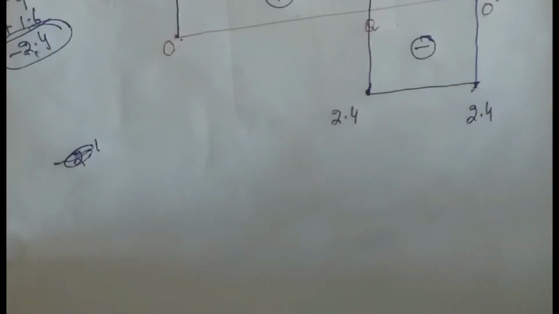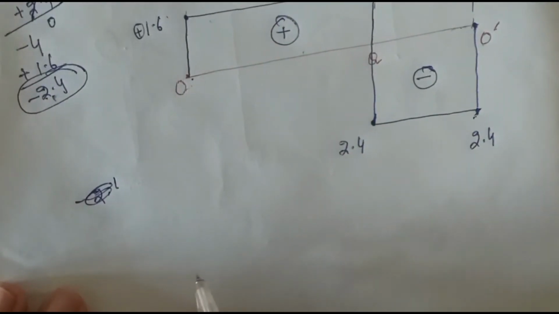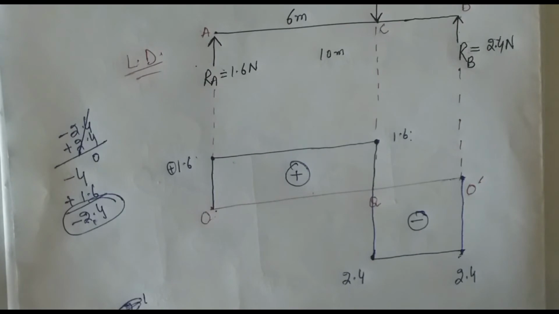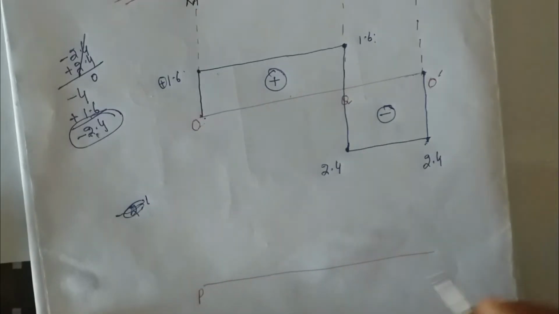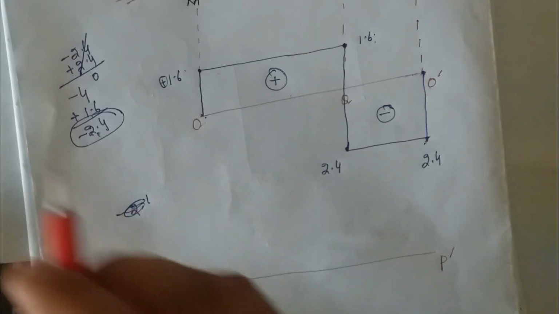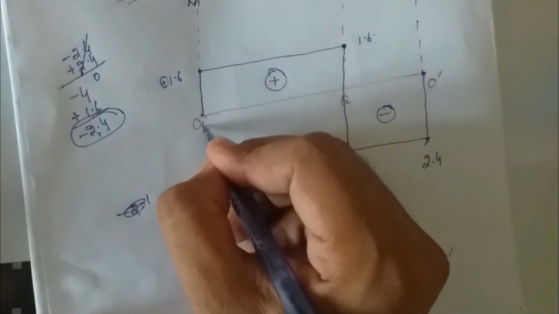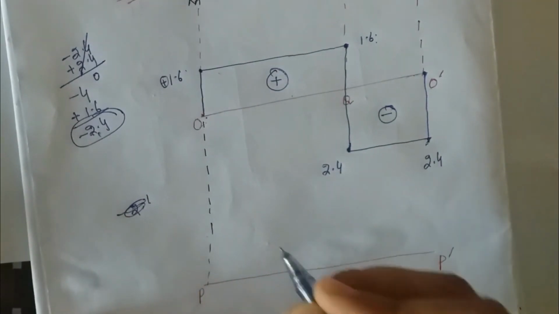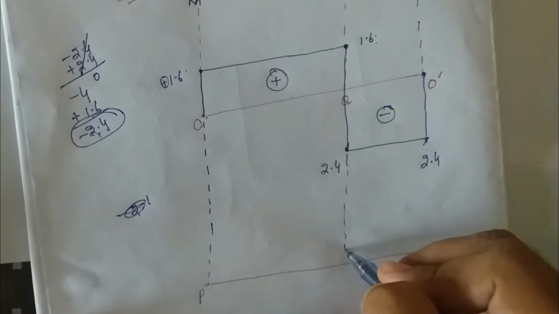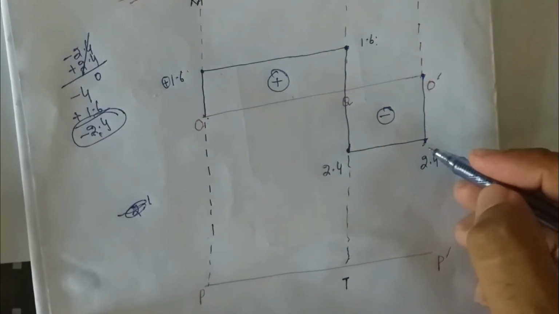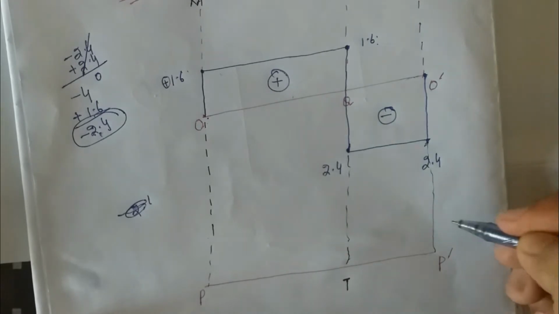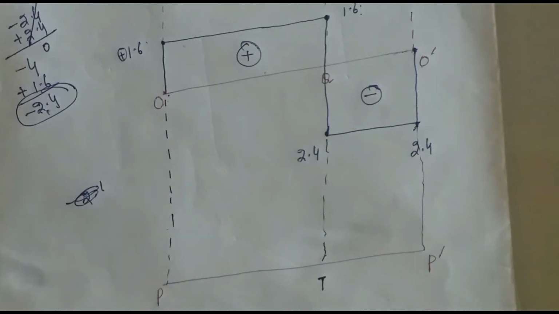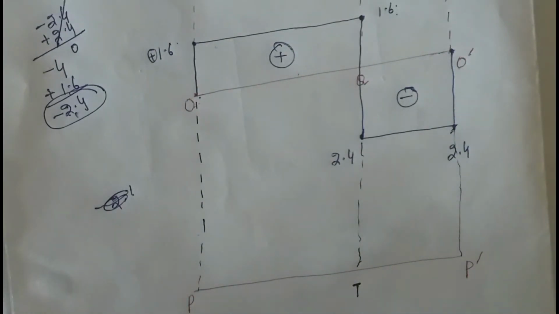So for the bending moment diagram I will draw a reference line which will be aligned to both the above diagrams, load and shear force diagram, P and P dash, and I will draw 3 dash lines from O on P and Q on T and O dash on P dash. The dash lines are only for accuracy, so that every point is drawn at its exact position.